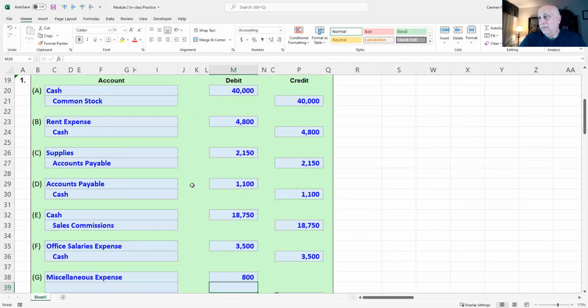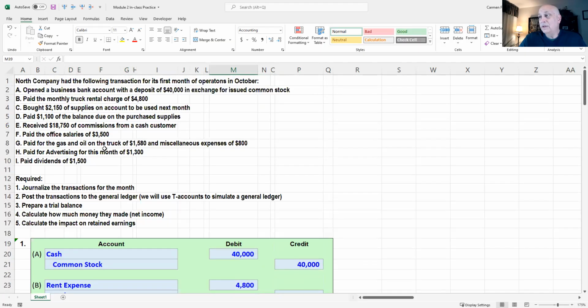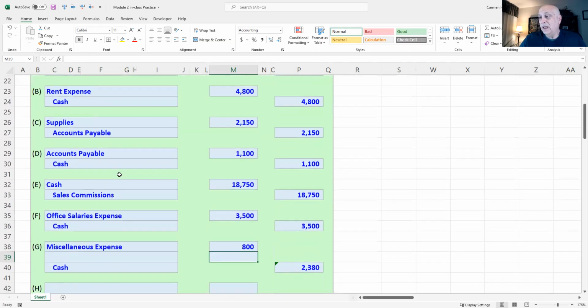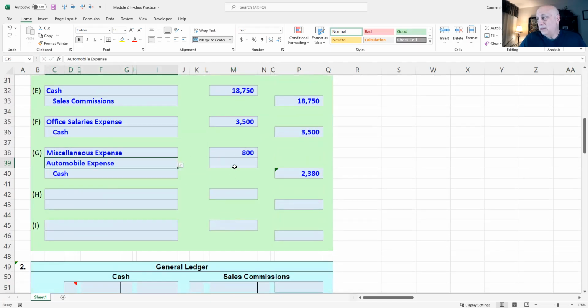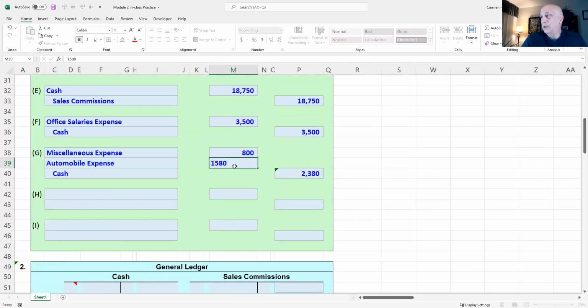And then what was the other one? It was vehicle expense, gasoline expense, automobile expense. Let's see what we have here. For an account, we have automobile expense, $1,580. So there's your entry. We have $2,380 worth of debits, and cash of $2,380 going out.